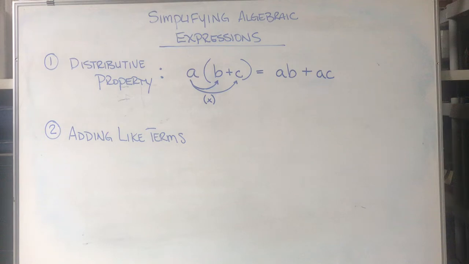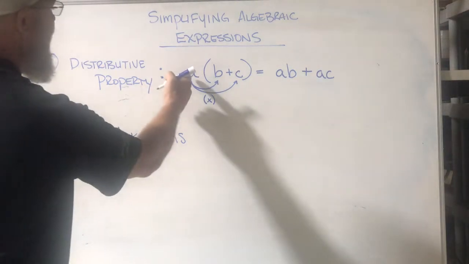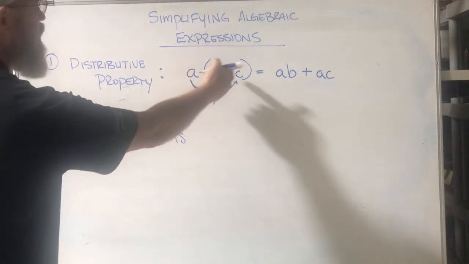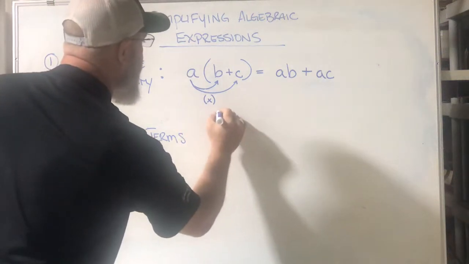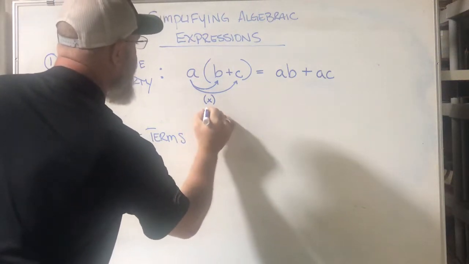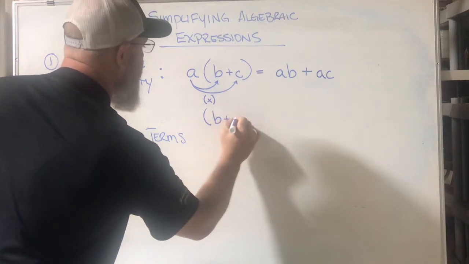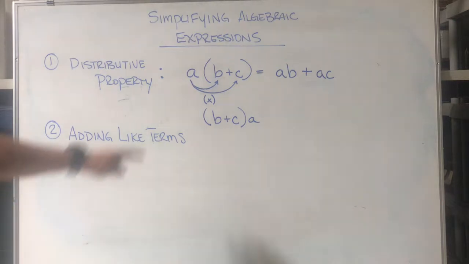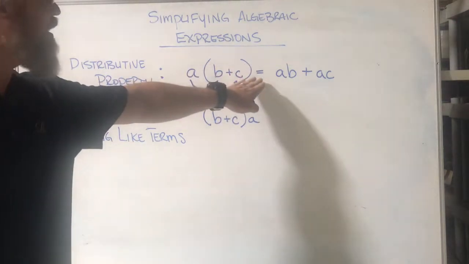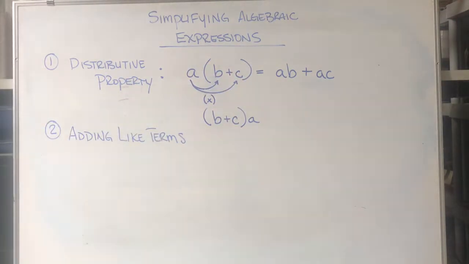Okay? Now we also know the commutative property, and the commutative property says that A times B plus C can also be written as B plus C times A, where all we did is move the A to the other side of the parentheses. All right?